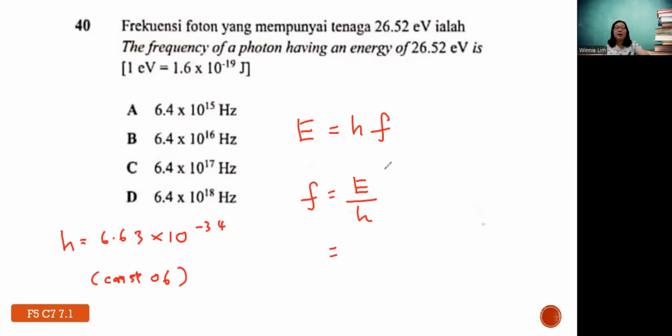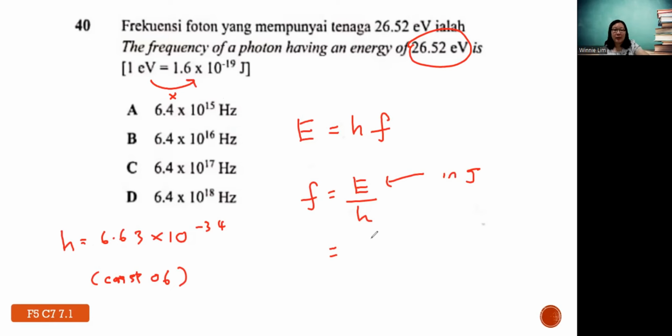Yes. Then in terms of energy, because you want your unit to be SI unit, right? The energy must be in joule. So electron volt is another unit for energy. So that's why they give you here 1 eV is 1.6 times 10 to the power negative 19 joule. So to change eV to joule, you times. Okay?